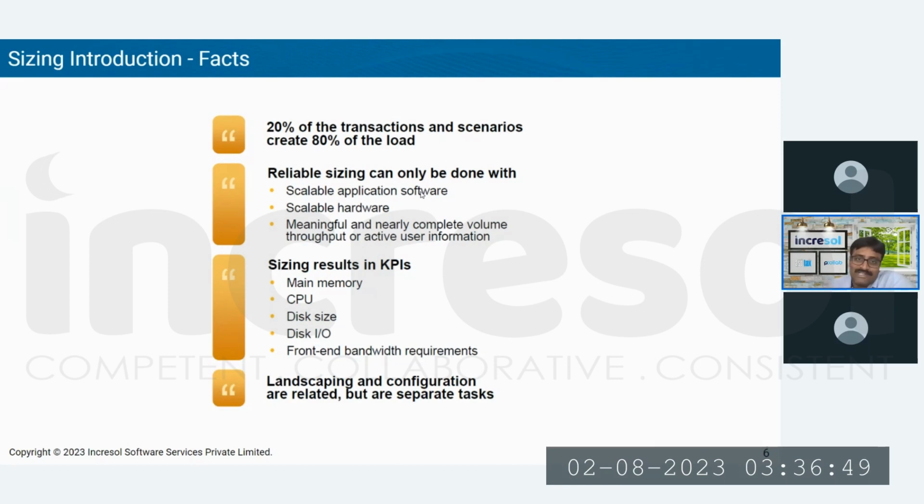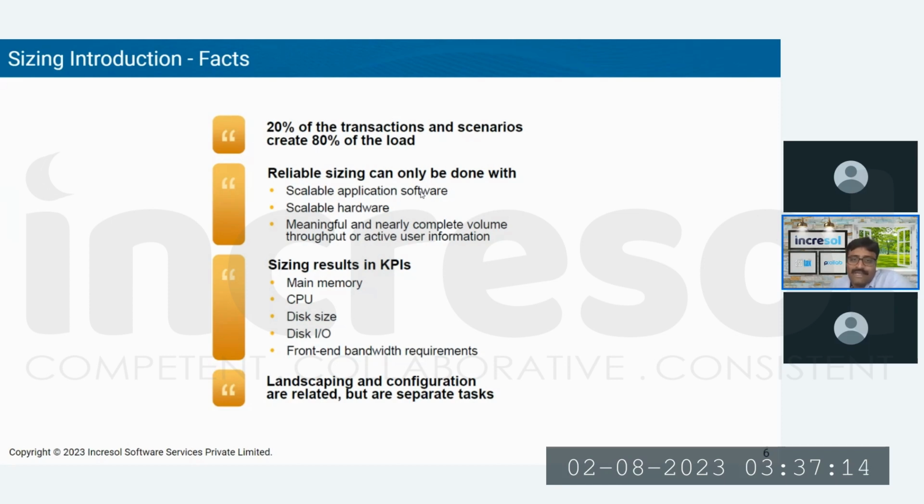If we cater to this 20% well, the remaining are okay, considering they take 80% of the resources. And any successful, stable sizing is possible only when the software is scalable, with scalable options enabled in the software or in the hardware as well.